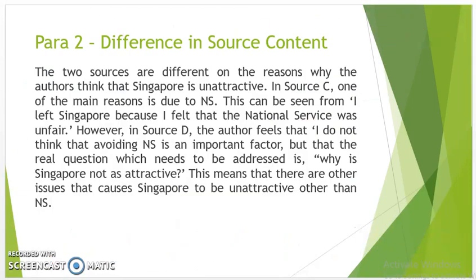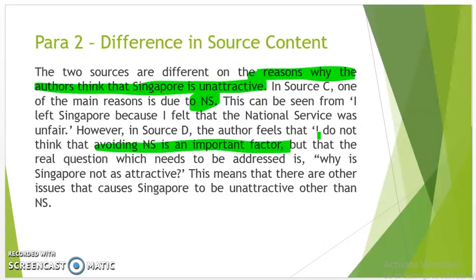So the two sources are different on the reasons why the author thinks Singapore is unattractive. For source C, it says it's due to NS, and you give the evidence. However, with source D, he feels that avoiding NS is not an important factor. So there are other reasons.